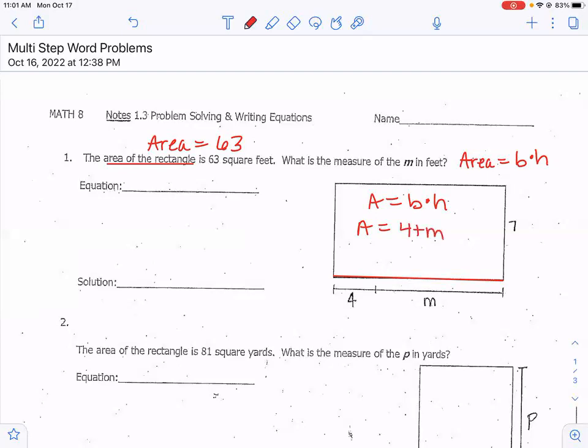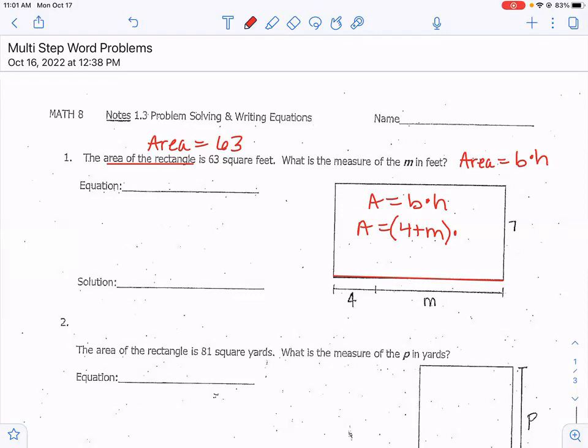Now, if I'm going to multiply 4 plus M to a height, what should I do with it? 4 plus M needs to be multiplied to something. We're going to need to put 4 plus M in parentheses because all of it is going to be multiplied to the height of our rectangle.